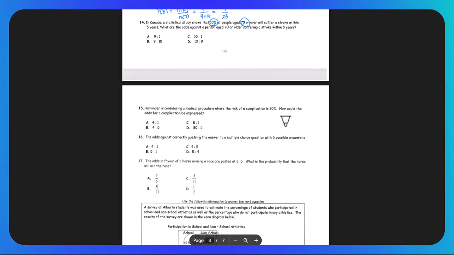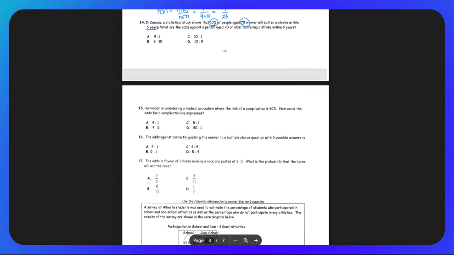It's just letting us know that that's the age of the people. And same with the 5 here. This is just telling us the time period in which a person 70 or over will suffer a stroke. So sometimes questions have numbers that have nothing to do with the actual calculation. So just be aware of that.